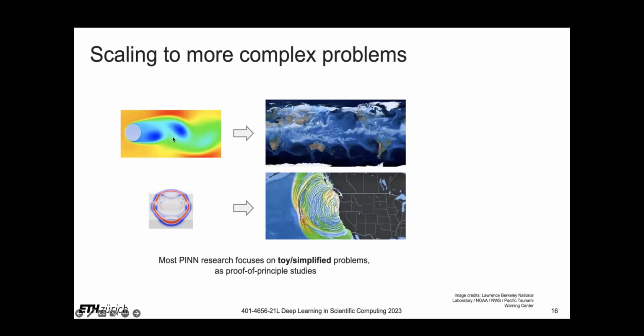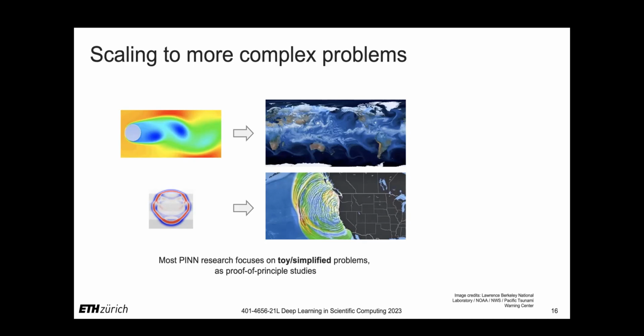A classic one in Navier-Stokes is modeling the flow past a cylinder. And this can get very complex if you go to very turbulent flows, but the toy version is a very well-known problem to solve. And the same with these wave equation problems. I've just been showing a point source through a simple layered velocity model.